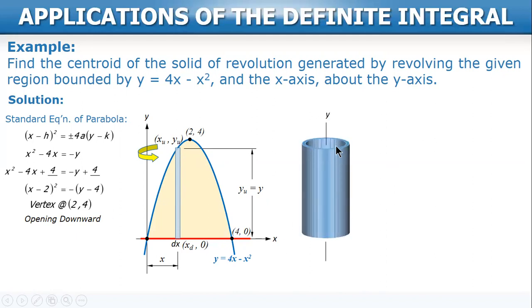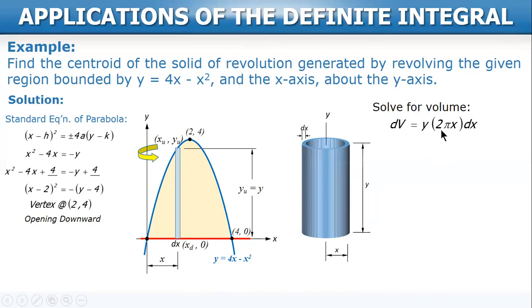Okay, so pag revolve, this is our elementary volume or differential volume, cylindrical shell. We have radius of x, ang height niya is y, and ang thickness niya is dx. So, volume sa cylindrical shell is circumference times height of strip times thickness.